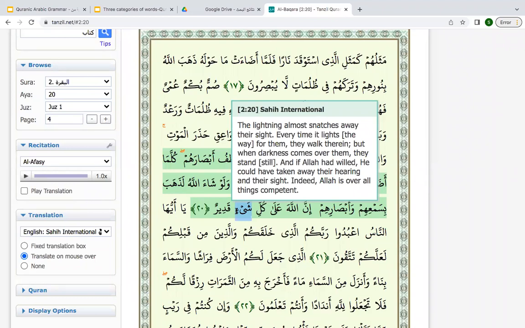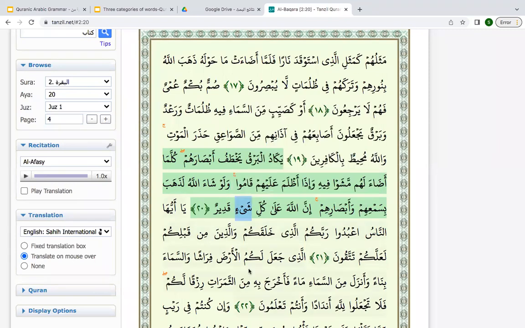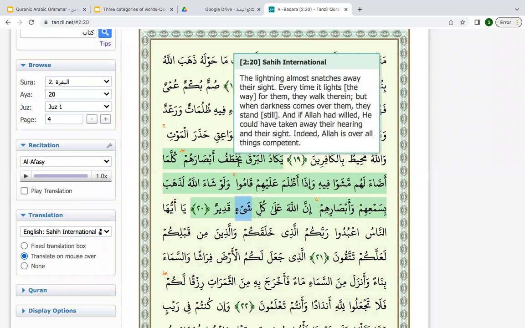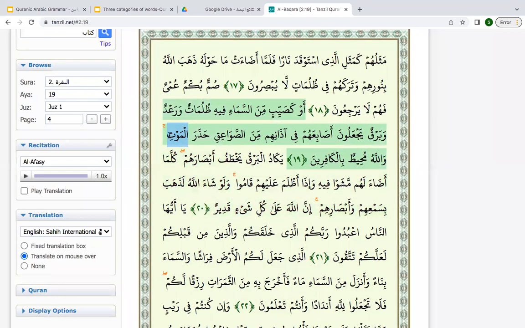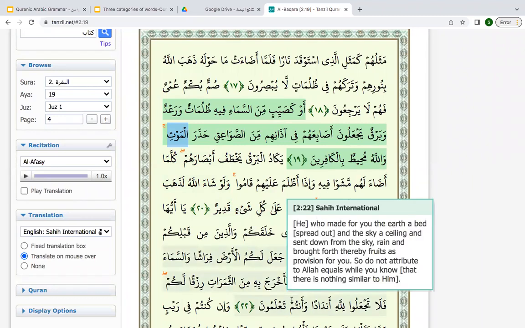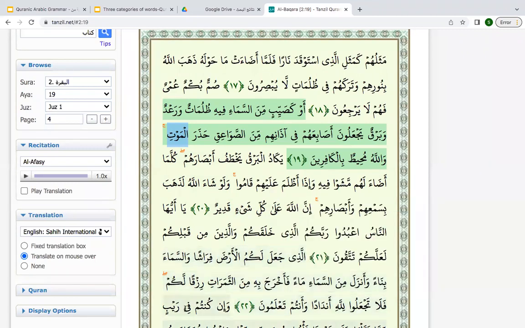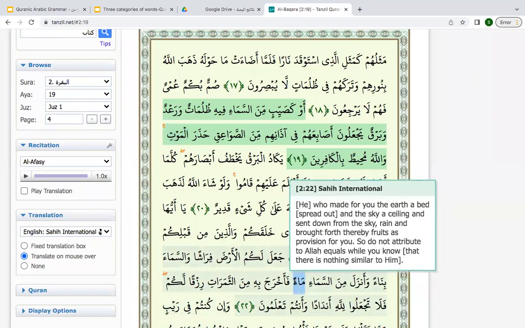Shay'in is an ism, it's masculine. Everyone agrees? Al-maut. Gender. Your word is ma'an.